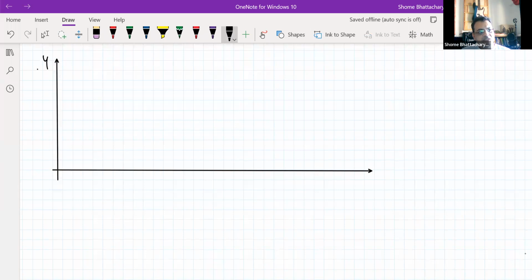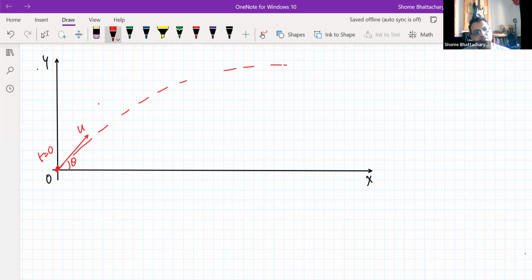So we take the vertical as our y-axis, horizontal as our x-axis, point of projection as the origin. You'll see an initial velocity u at an angle theta at time t equal to 0.